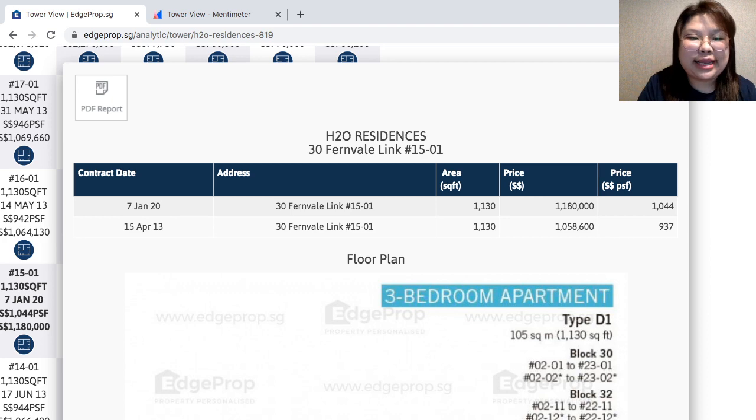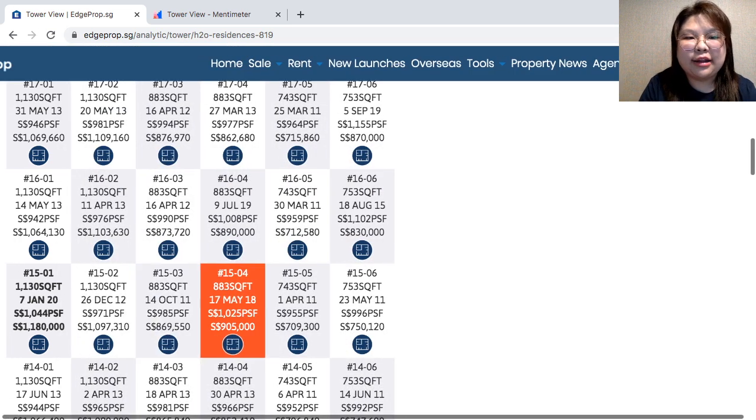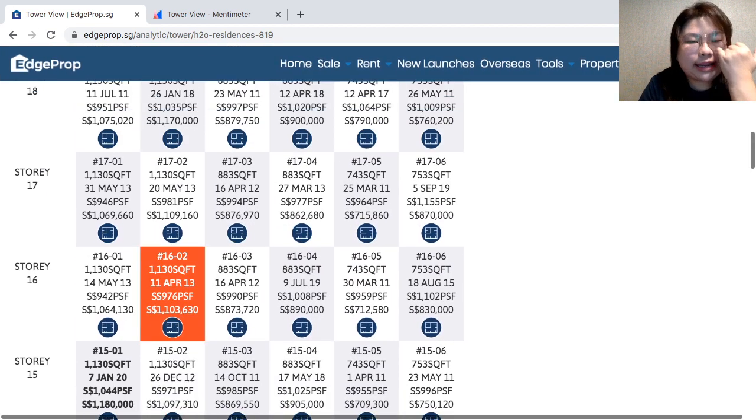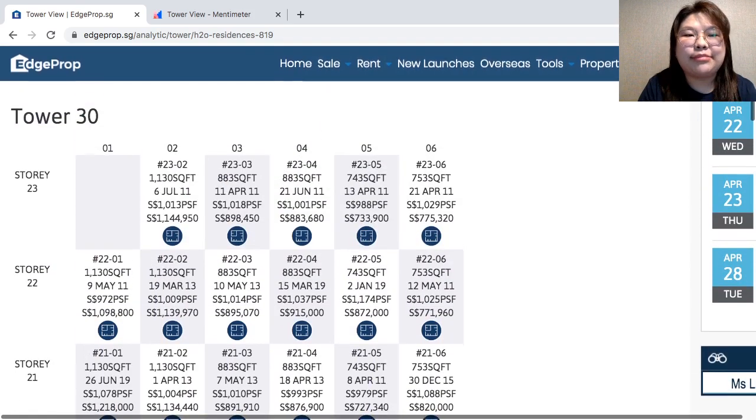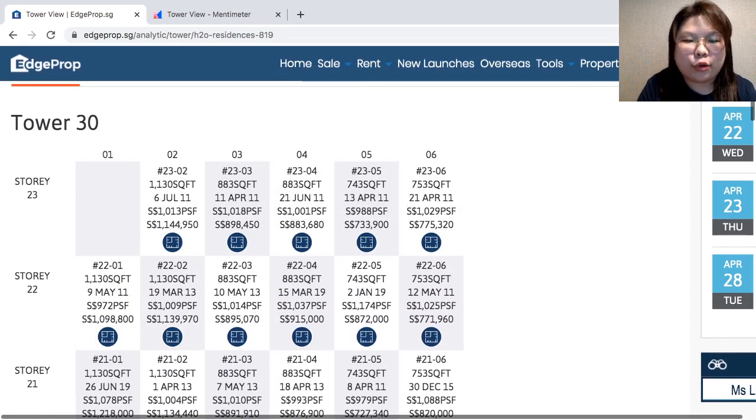Next thing I'd like to highlight for tower view is if you see grids that are empty, for example 2301, there may be a few reasons why this is the case. First and foremost, or most commonly, it would be transactions that do not take a loan and involve full cash.